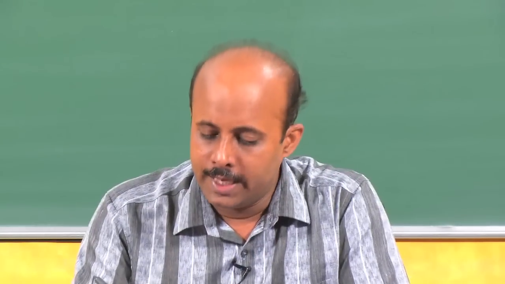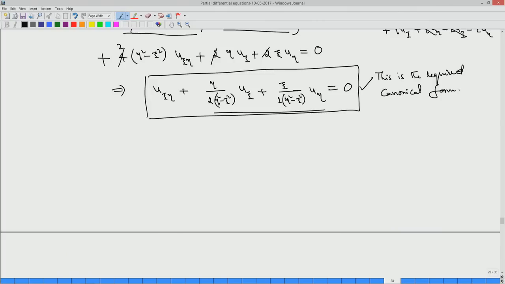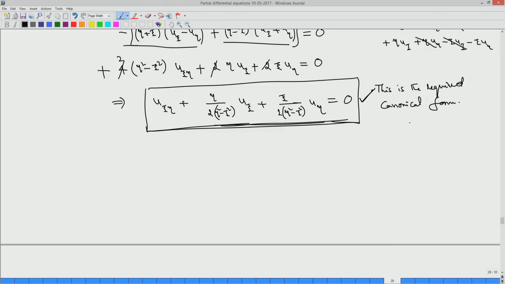Okay. So, we have seen this example where the hyperbolic equation is reduced to this canonical form, which you cannot solve. Well, the typical hyperbolic equation is the wave equation.